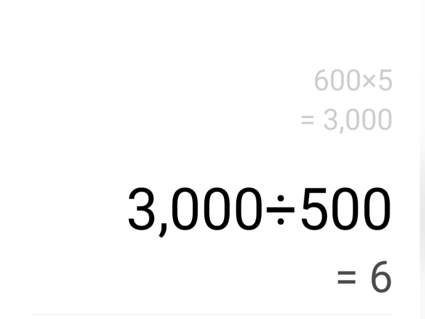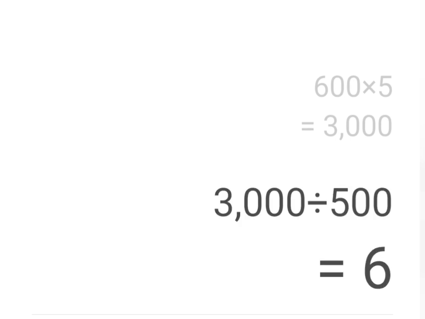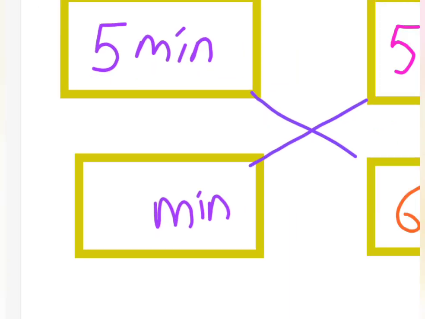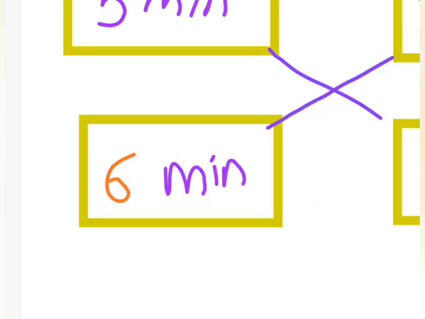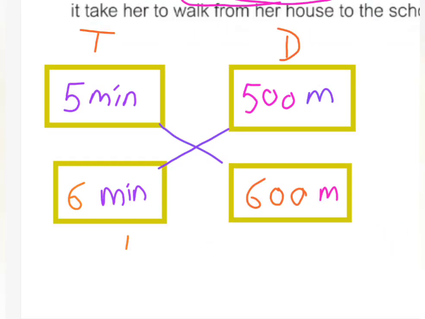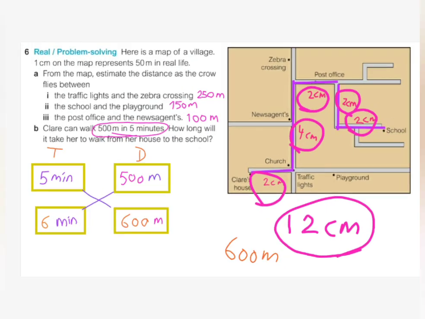So 600 multiplied by 5 equals 3000, and then divided by 500, the answer will be 6. Very good. Now let's go back. So the answer here will be 6 minutes. Very good. So it took Claire 6 minutes to walk from her house to the school.